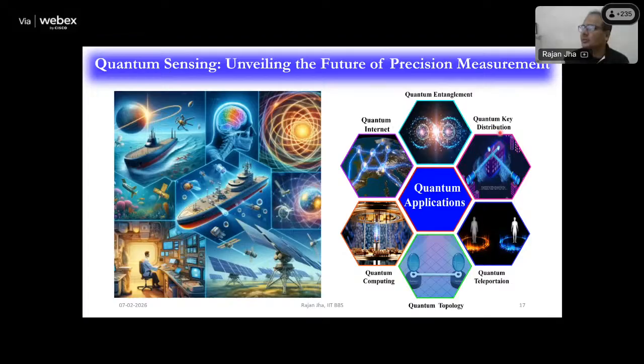Some of these QKD systems are based on random number generation. In our country also something has been developed for this, called QRNG, quantum random number generator, where you create these 0s and 1s randomly.